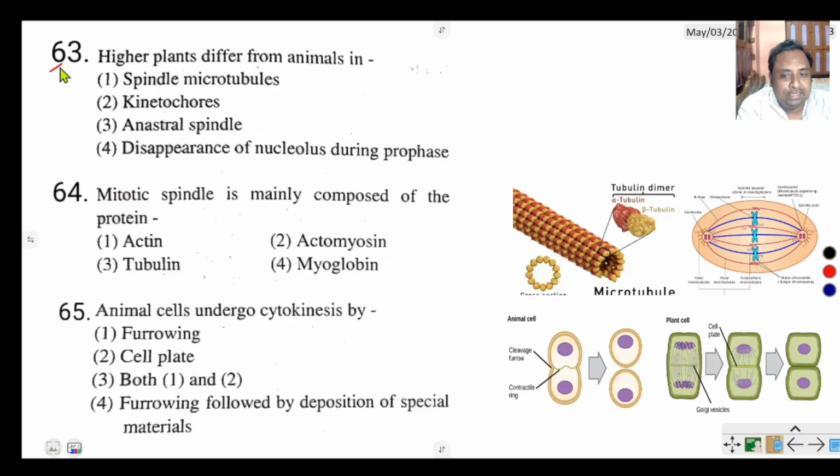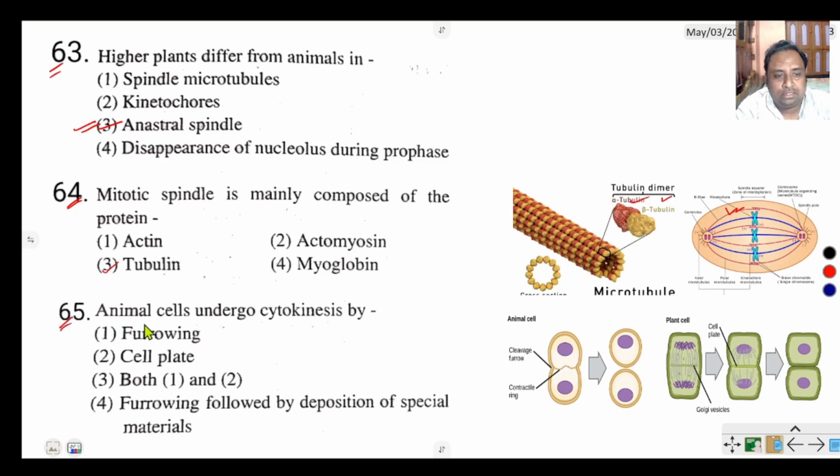Question 63 says higher plants differ from animals in spindle microtubule, that is the anastral spindle. Question 64 says the mitotic spindle is mainly composed of the protein tubulin. Here you can see this is a microtubule, and this microtubule is made by alpha tubulin and beta tubulin protein. So tubulin.